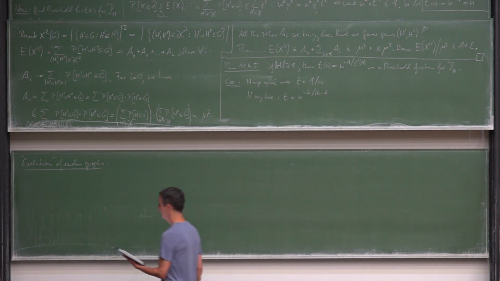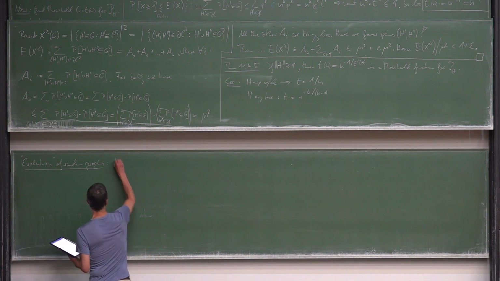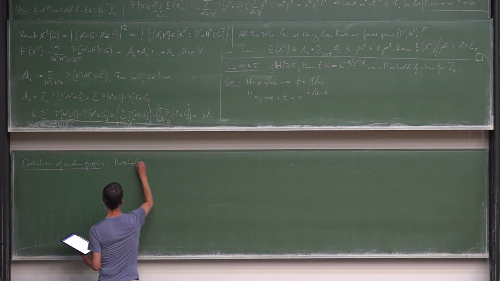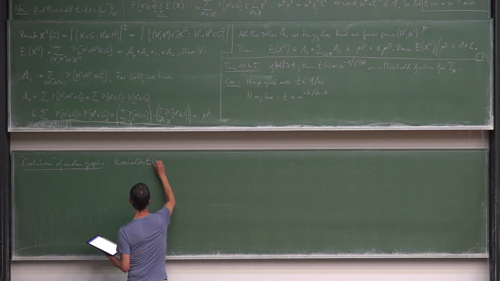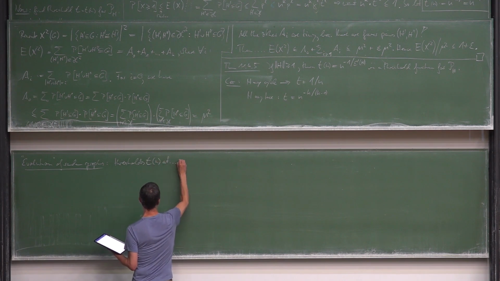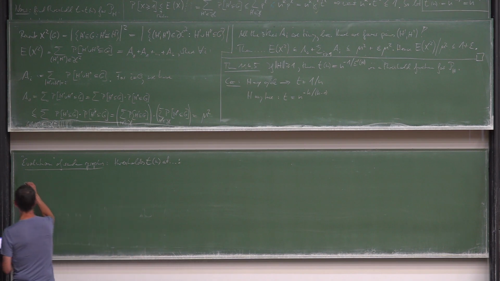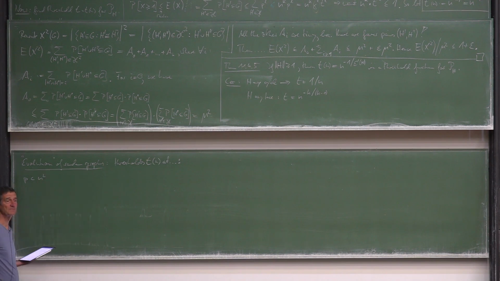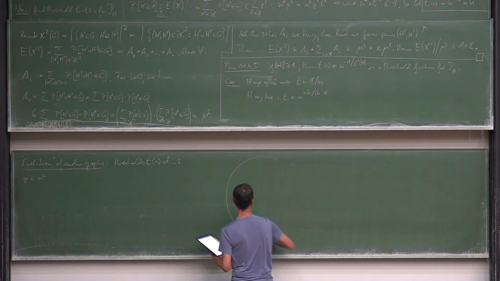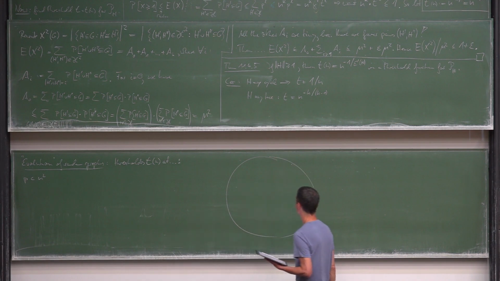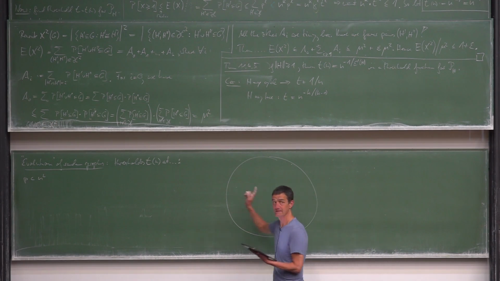So when p is less than n to the minus 2, so t of n is n to the minus 2, really tiny, then this is our random graph, and I'm going to draw what almost every random graph with this number of edges looks like.